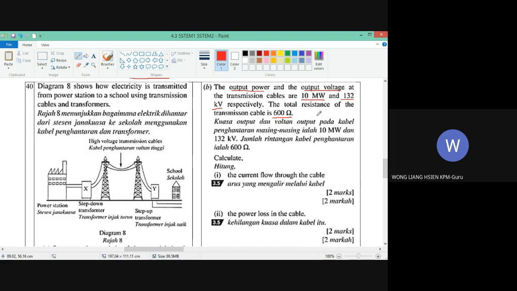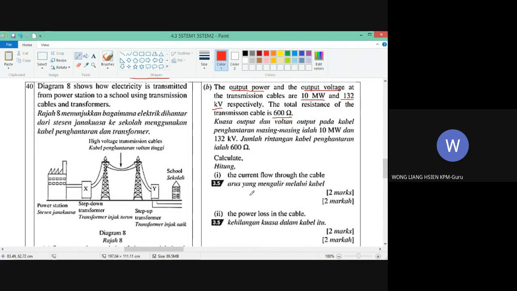A lot of students, when they answer this question, straight away use P equals VI to calculate the current.